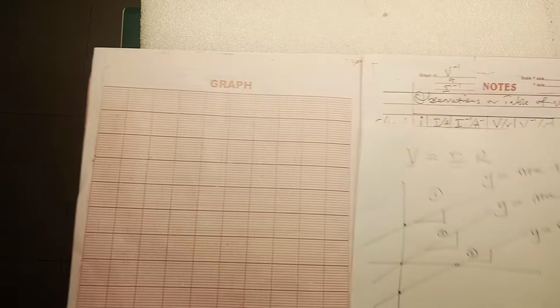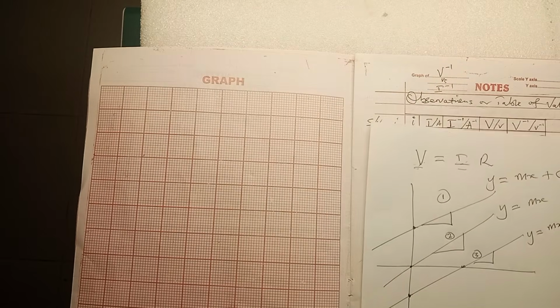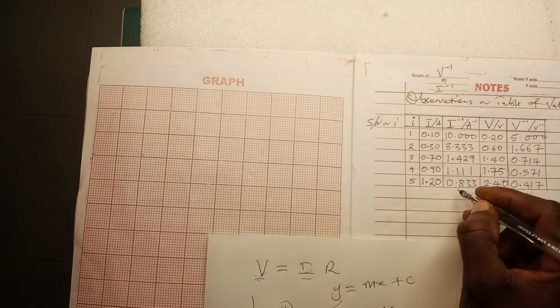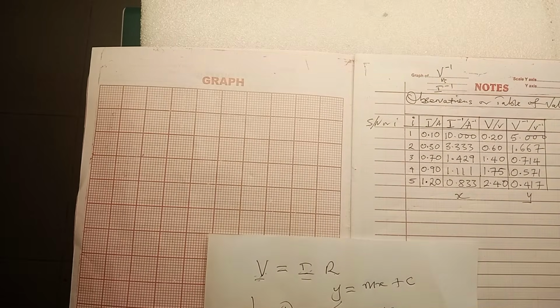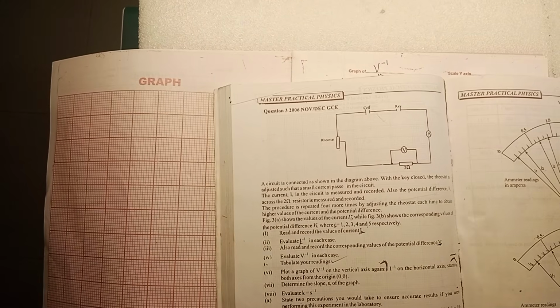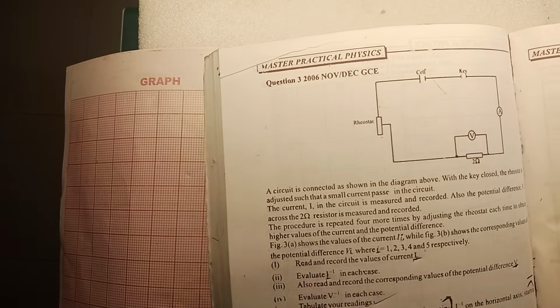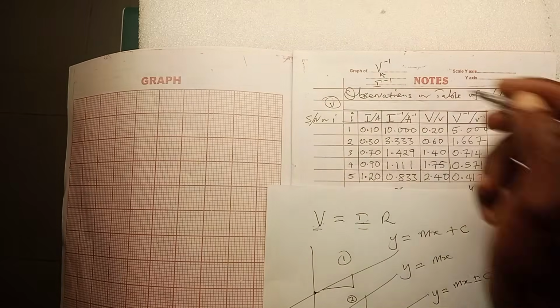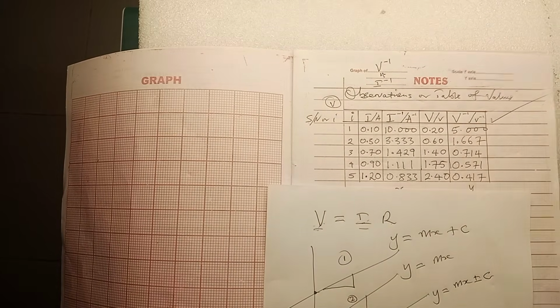But before we do that, let us find a suitable scale for this graph. This is Y and this is X. So, guys, this is tabulate your readings. This is part V of the question, and we are done with this.